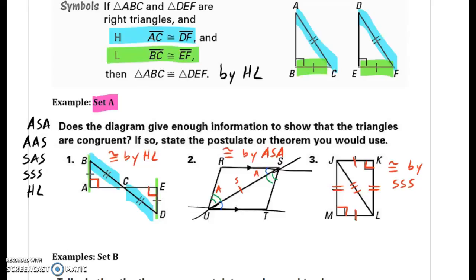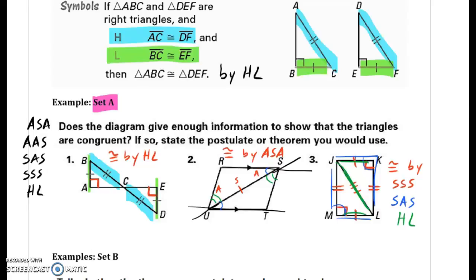We can say side, angle, side. Or we could even say hypotenuse, leg. Any of those work. Rewind it if you need to re-see each of those types.